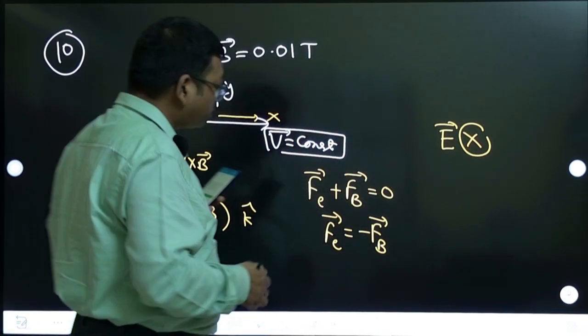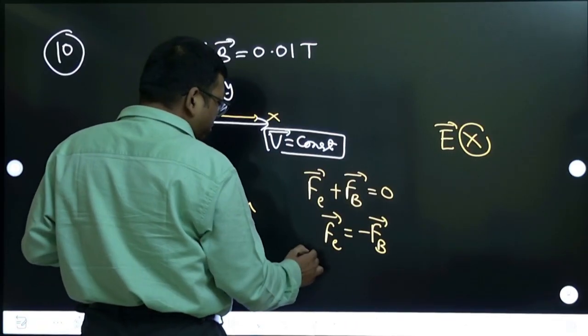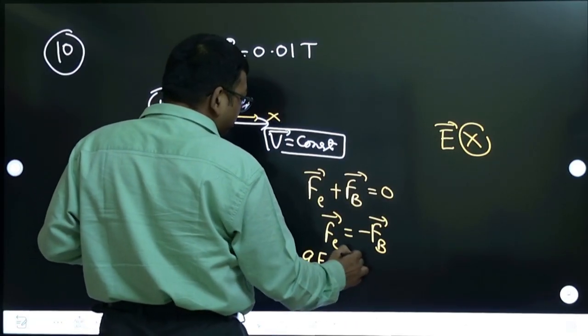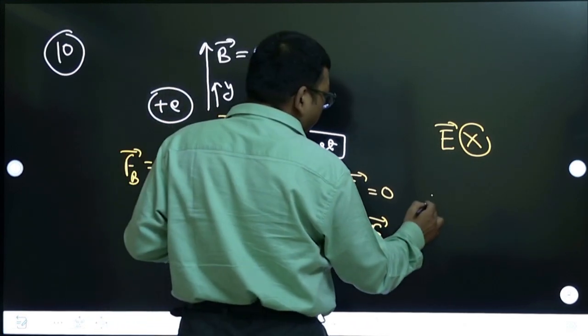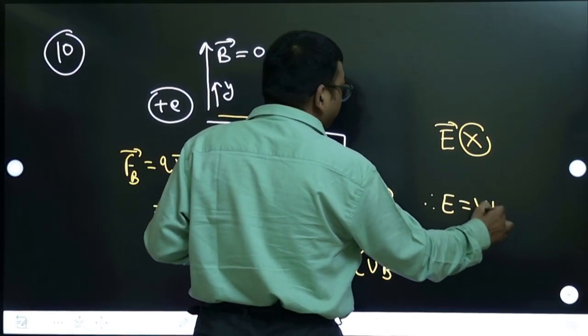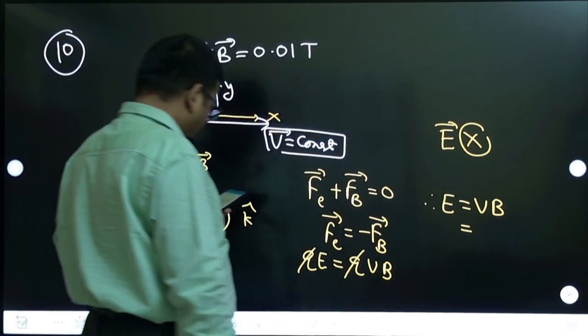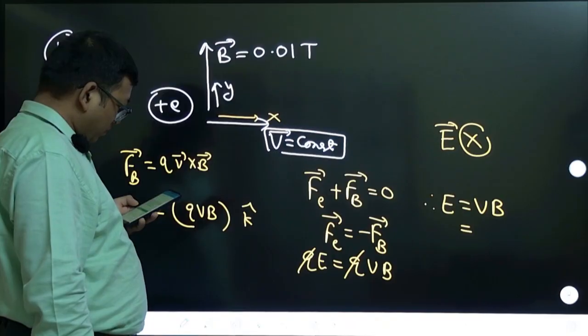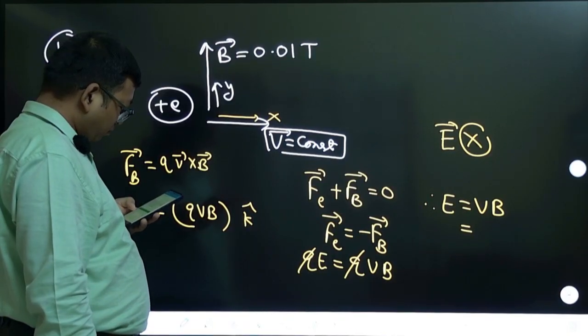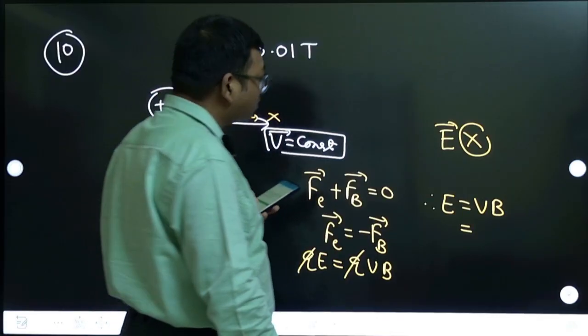Now what is the magnitude? Calculate: charge times field E equals QVB. Q got cancelled. So electric field magnitude is nothing but V into B. Is V given or not? How much is the velocity? Yes, velocity is given, 10 kilometer per second.